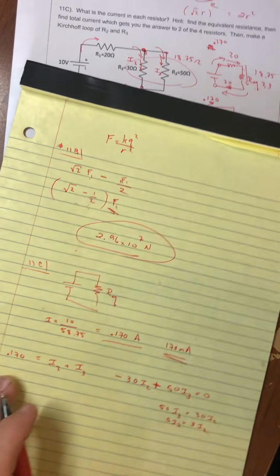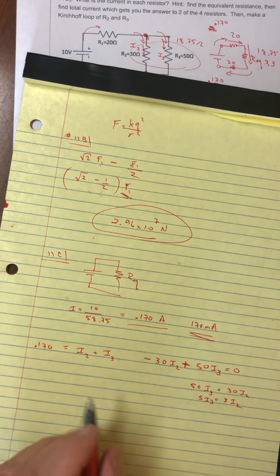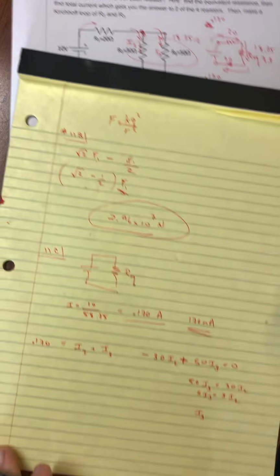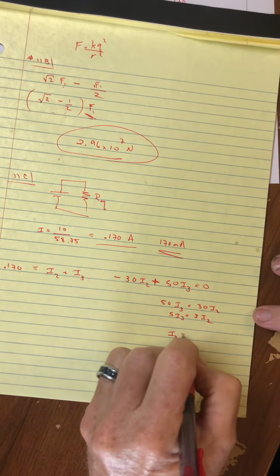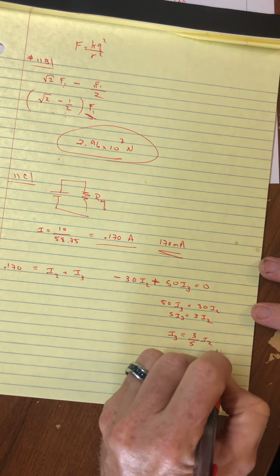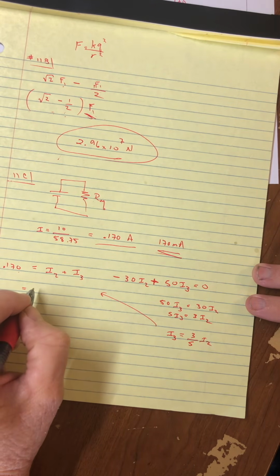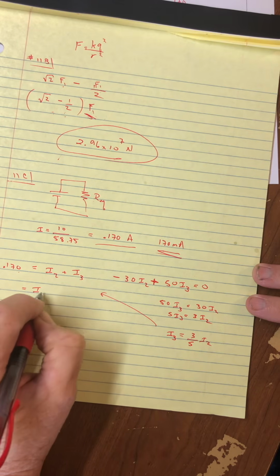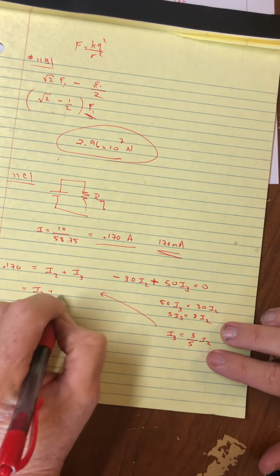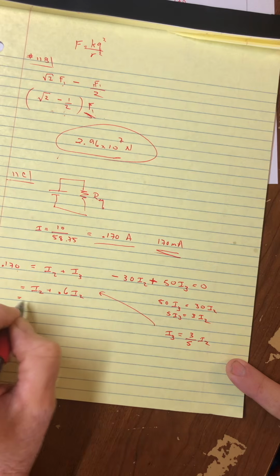Okay. Now that can be helpful because somewhere in here I can do a substitution. Why don't I maybe solve this equation for number 3. So this would be 3/5 I2. And put it into here. So current number 2, I will leave alone. And current number 3, I'll replace it with 0.6 times current number 2.